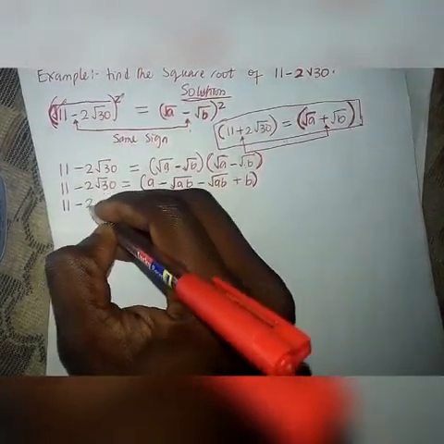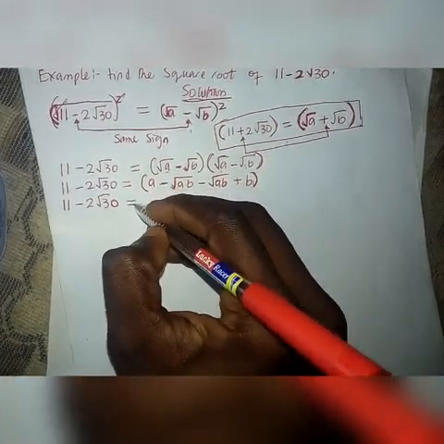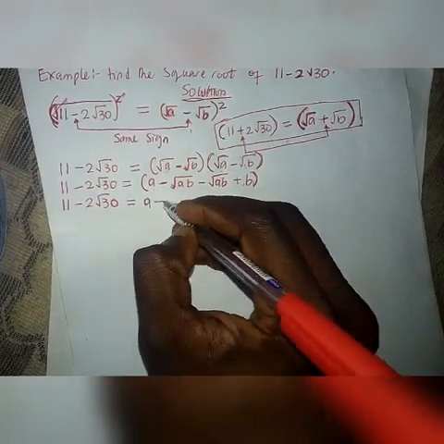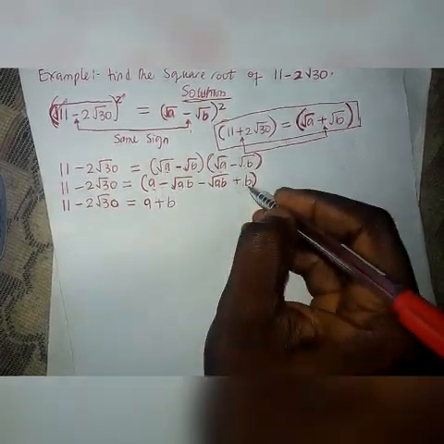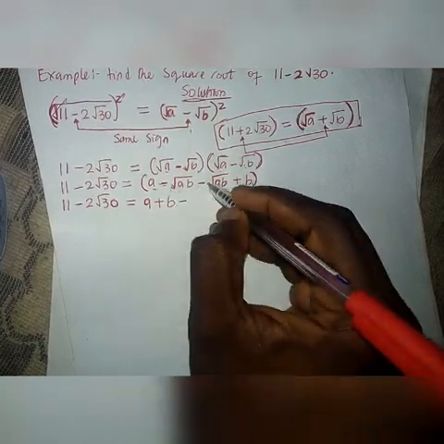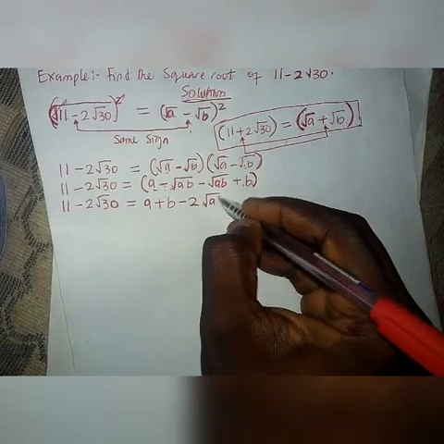So 11 minus 2 surd 30 is equal to A plus B minus 2 surd AB.